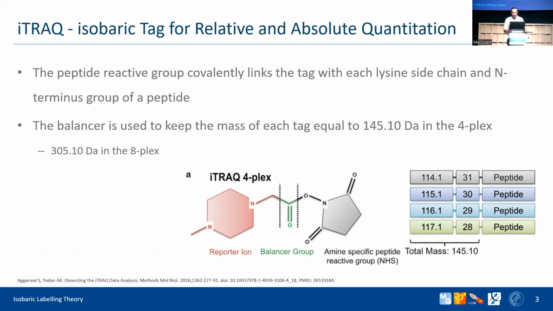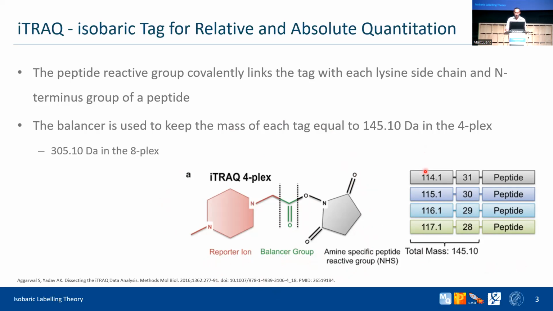What happens is we have such a molecule, we call it a tag, and it has 3 main parts. It has a reporter ion, which we will use for quantification. It has a balancer group, which makes sure that the tags that we have in our reagents are of the same nominal mass. And we have this amine-specific peptide reactive group, which can bind to our peptides.